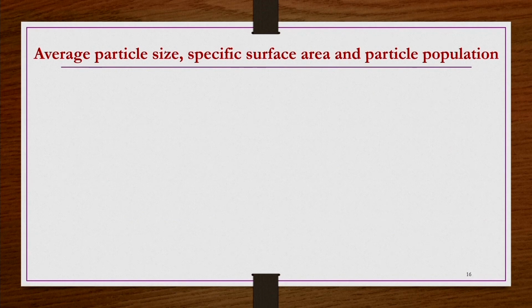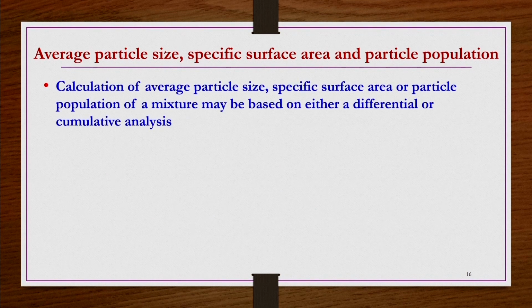Now, if you want to know the average particle size, specific surface area and particle population, then we need to do some kind of calculation. The calculation of average particle size, specific surface area or particle population, that is the number of particles, may be based on either fractional or differential analysis, or on the cumulative analysis.